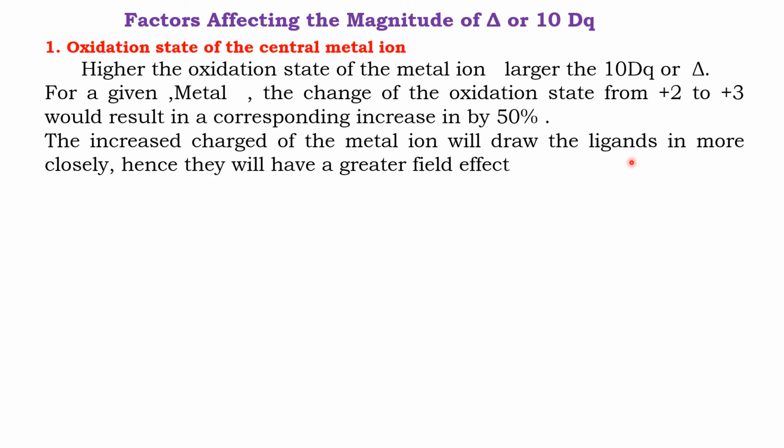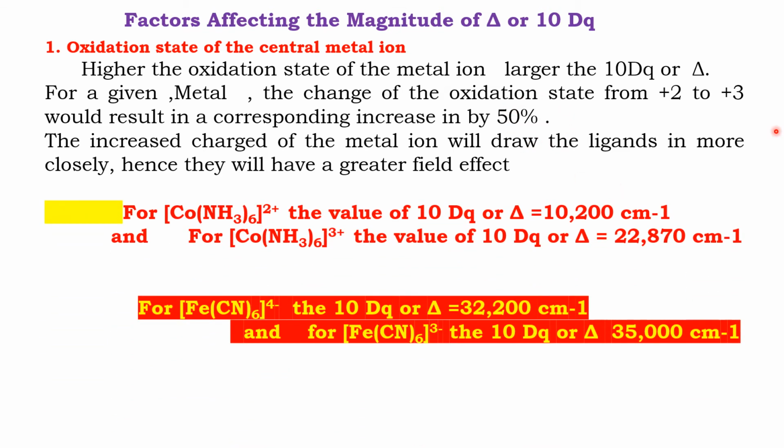So the crystal field splitting increases. So we could say when the oxidation state increases from +2 to +3, the crystal field splitting value increases by 50%. See the example? I have the cobalt NH3 6 2+ ion.